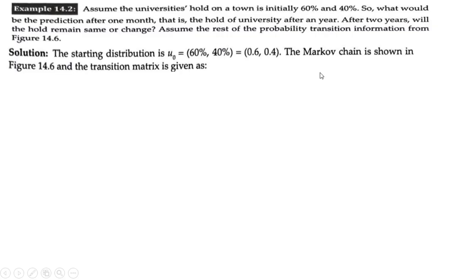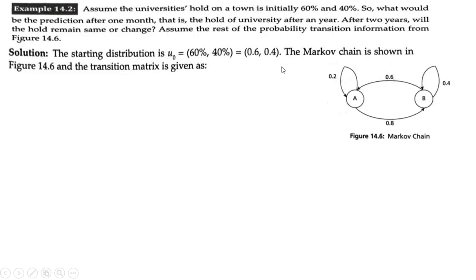How do we represent the Markov chain for the same university problem? Let's say the starting distribution is U0, that is 60%, 40%, for University A and B. And this is our Markov chain and this is our transition matrix.